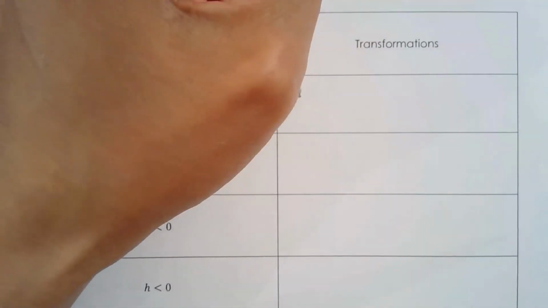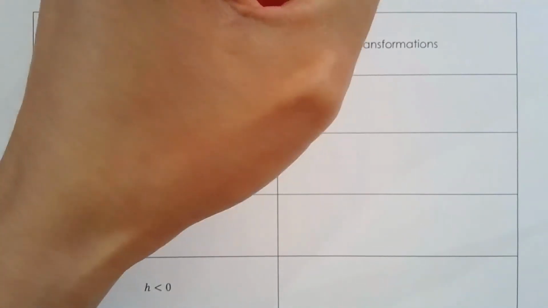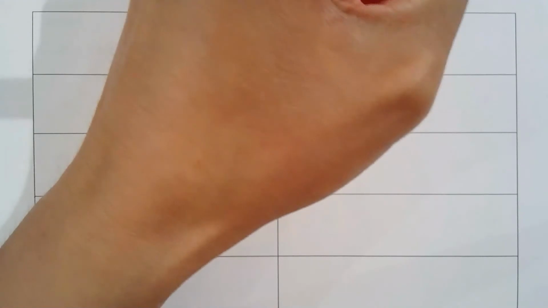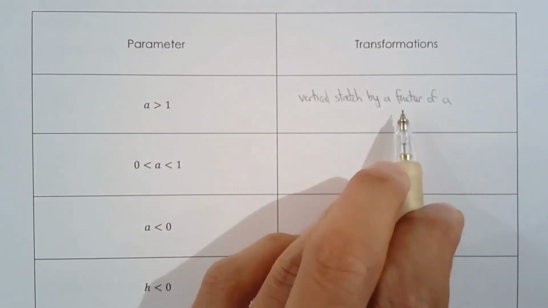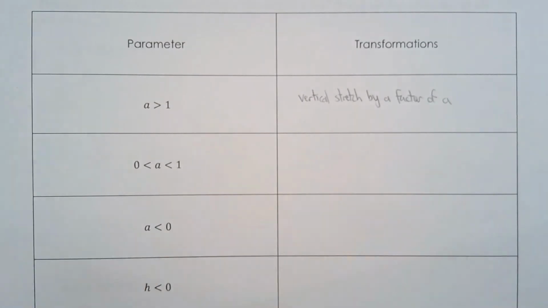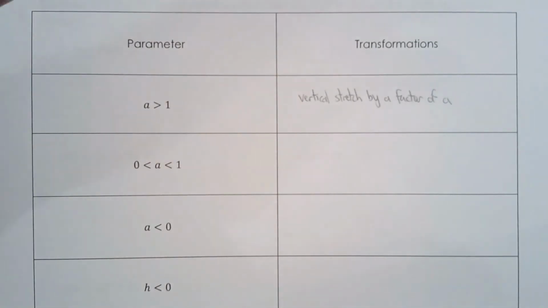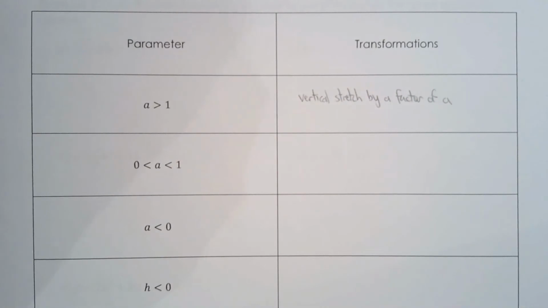So we say vertical stretch by a factor of a. Now, why is it a factor? Because we were saying it was multiplied. It was multiplied by, let's say 2 or 3 or 4. So that's why you use the word factor.